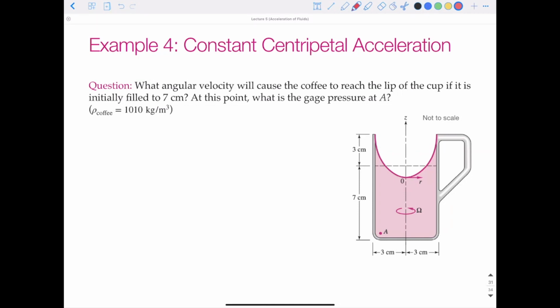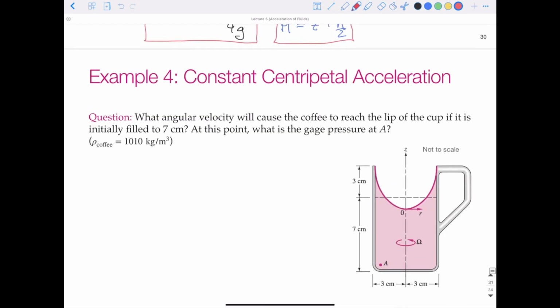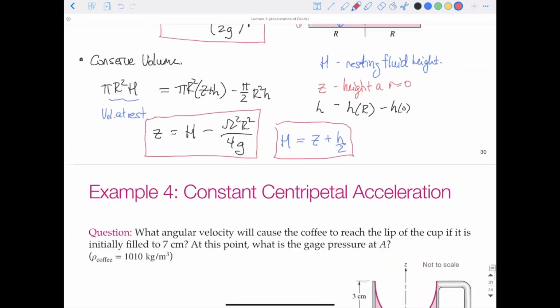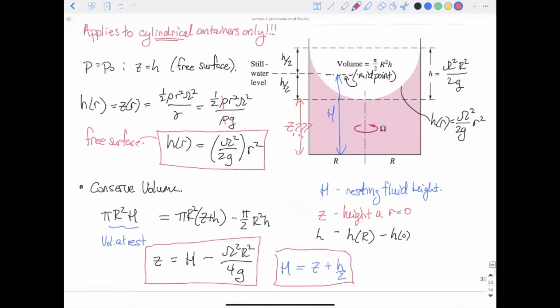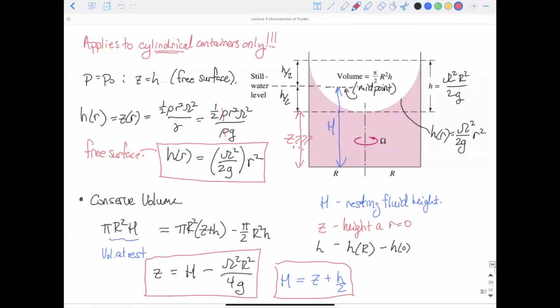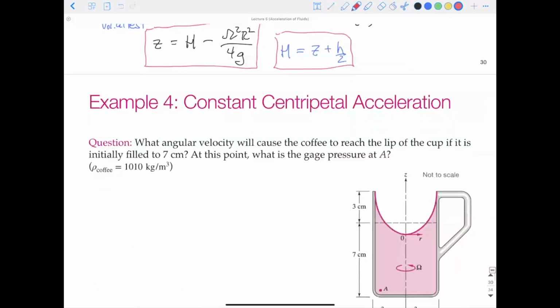So where can we begin? Let's write down some equations that we know. If it's initially filled to 7 centimeters, that would be our capital H value. And from that, we can figure out what our new h, or our small h value is.